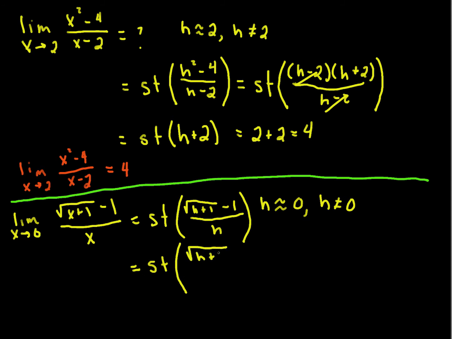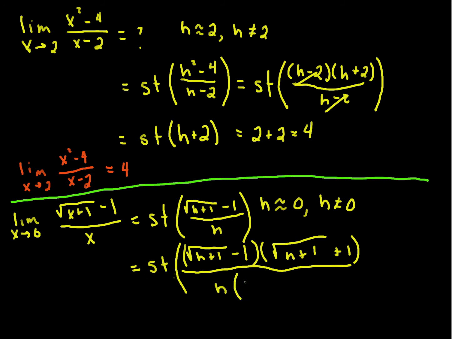So square root of h plus 1 minus 1 times square root of h plus 1 plus 1, and that whole thing is divided by h times square root of h plus 1 plus 1.